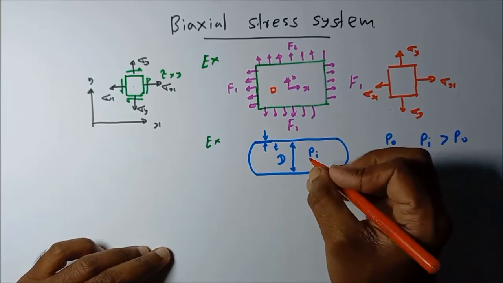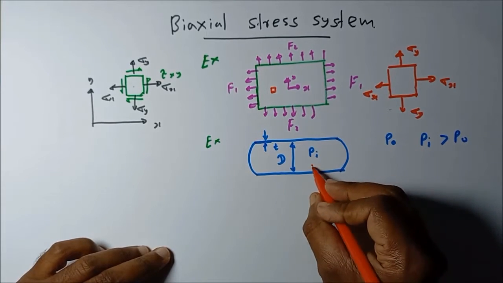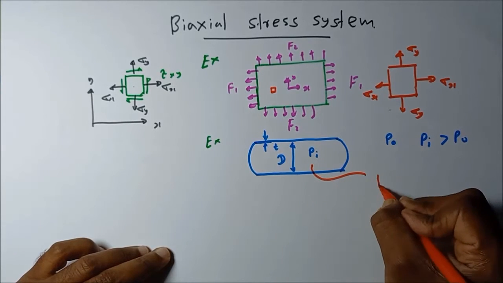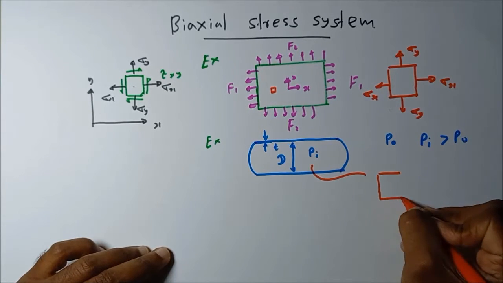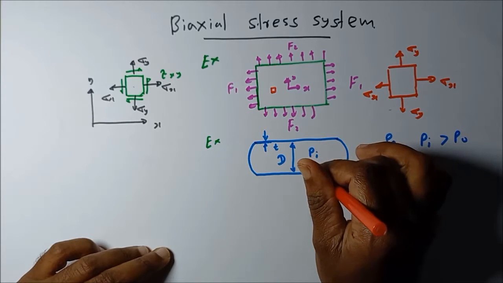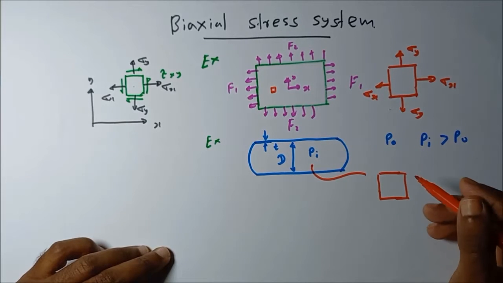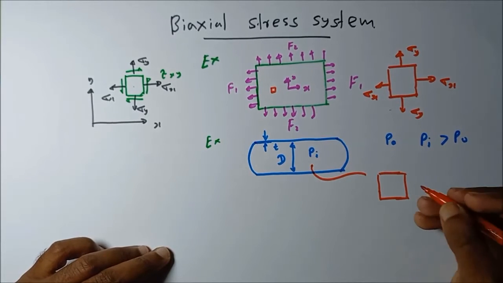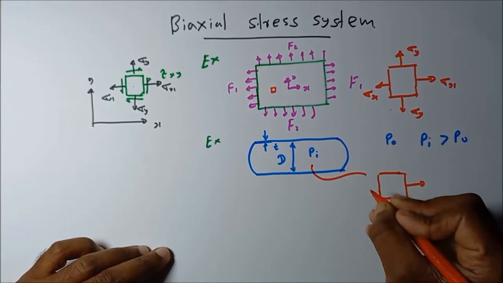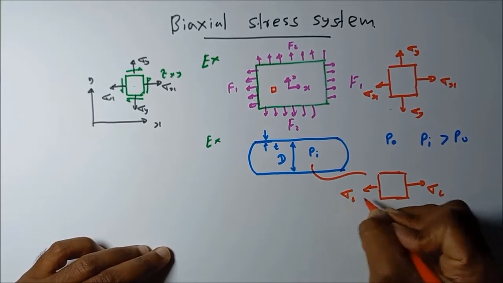That means if you take a certain element from the shell of the pressure vessel, the stresses acting on this point element, an infinitely small stress element, we can represent on a two-dimensional plane. This is called sigma L, the longitudinal stress, the stress acting in the longitudinal direction.